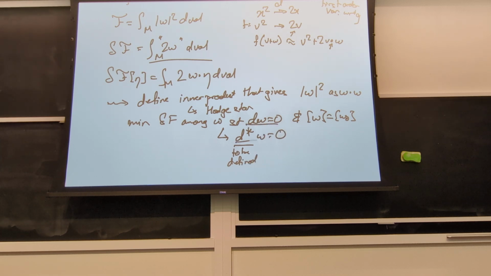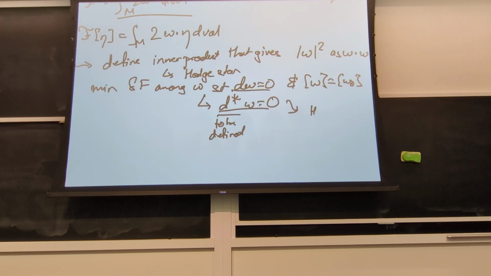And if both of these conditions are satisfied, then we get a Hodge class. It's called a harmonic form, and this will minimize.